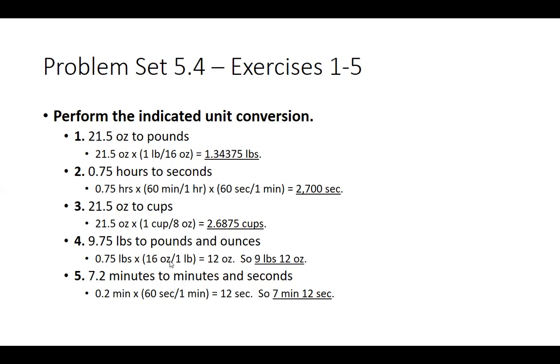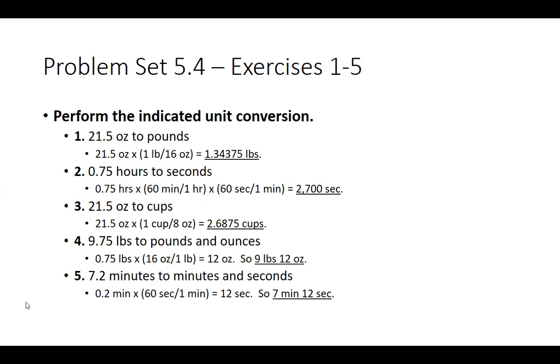So that requires a conversion factor with pounds on the bottom to cancel pounds away, ounces on top. That's going to be 16 ounces over 1 pound. Doing the math, 0.75 times 16 divided by 1 gives us 12. And the units we were left with was ounces. So taking the 9 pounds that we already had, this would be 9 pounds, 12 ounces.